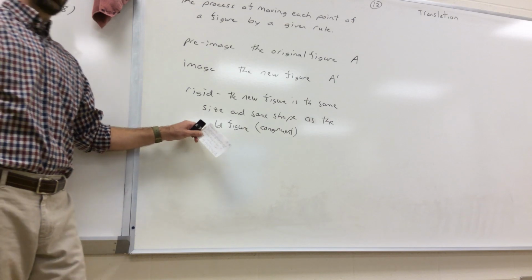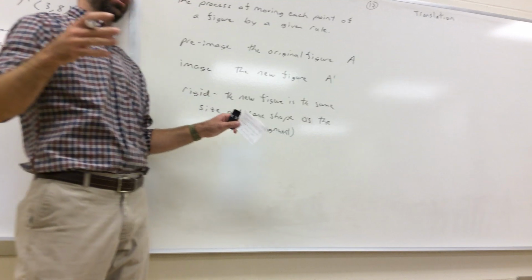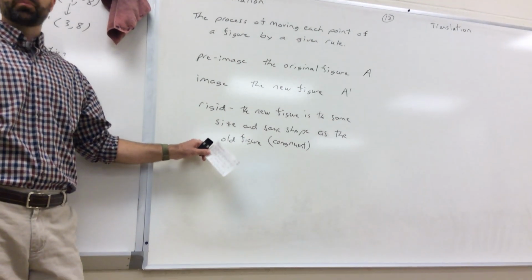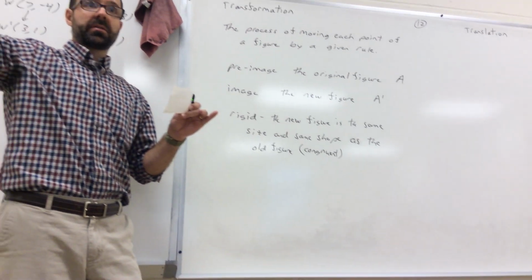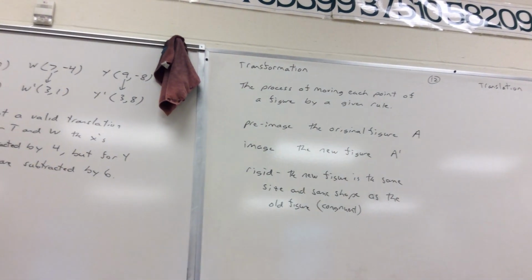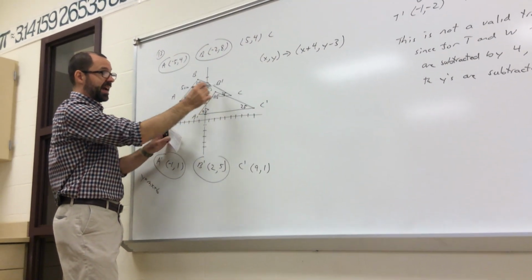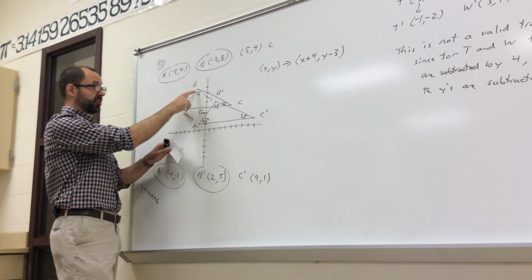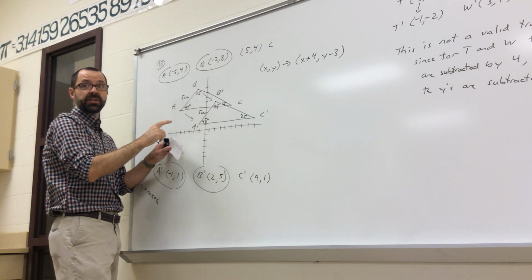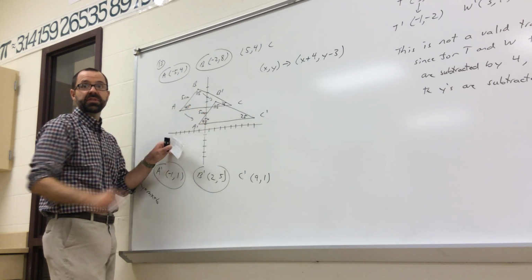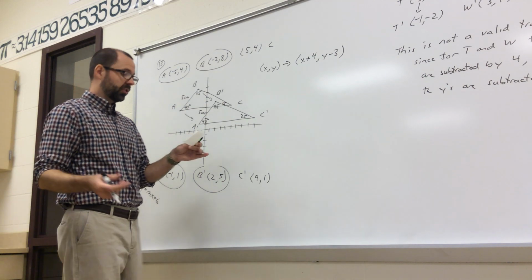Maybe later we'll have a different kind of transformation where it doesn't end up the same size and shape, and it won't be rigid. But the translation was, because when we moved this down to here, it's the same exact size, because we measured, 5 centimeters, 5 centimeters, and it's the exact same shape, because all the angles were the same. So that's called congruent.